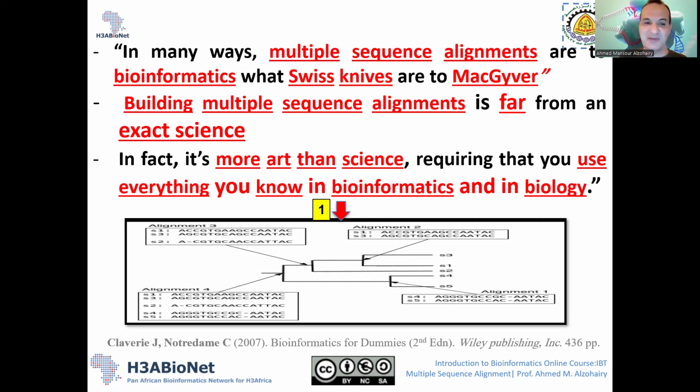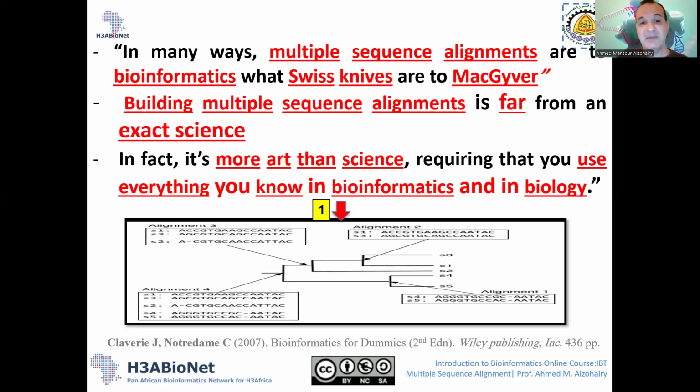We think about multiple sequence alignment the same way for the bioinformatician. It's very useful in many different situations, making the life of research easier, because it can facilitate many important applications.